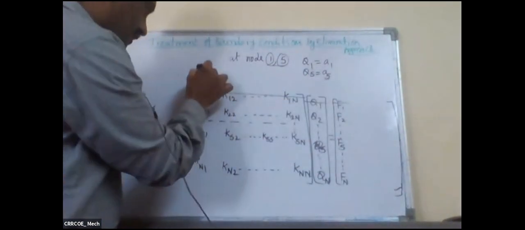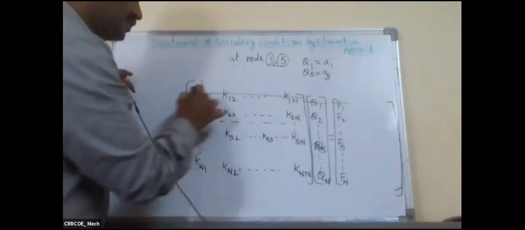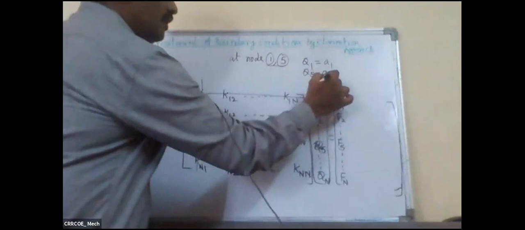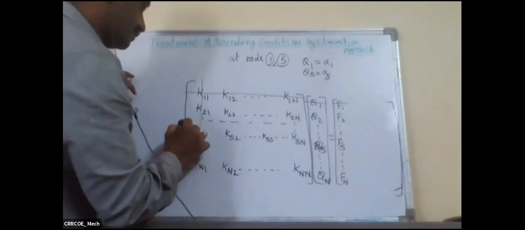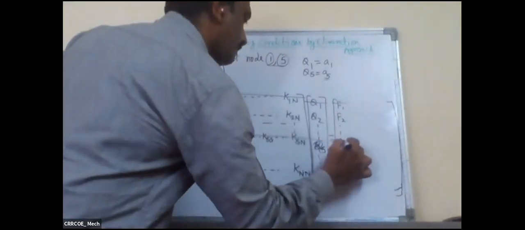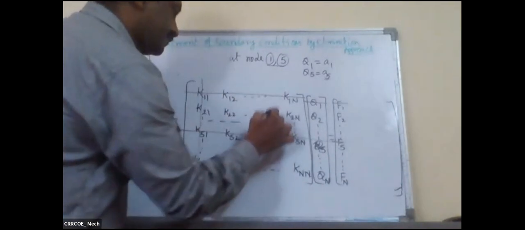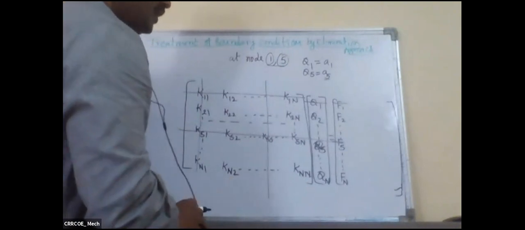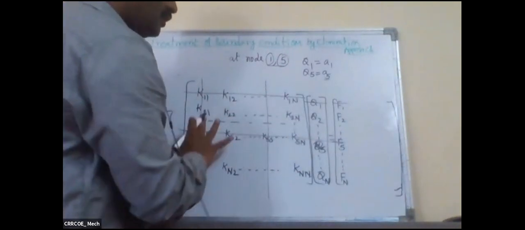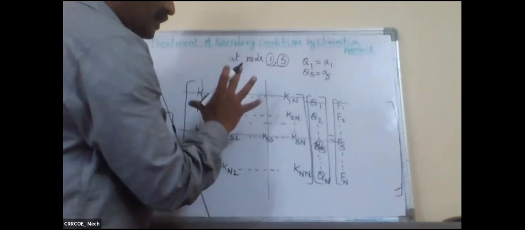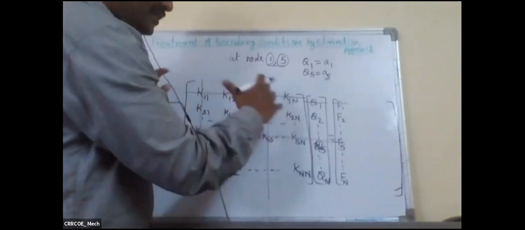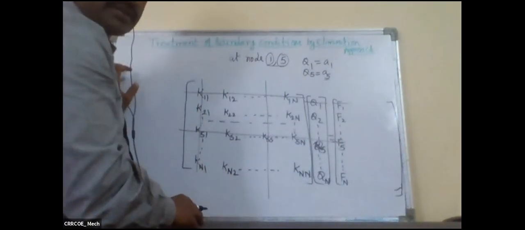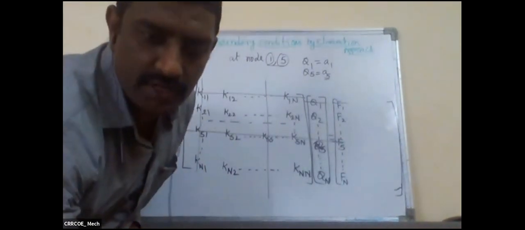Similarly the fifth row and fifth column elements are eliminated from the stiffness matrix. After eliminating these rows and columns, the rest of the matrix is called the reduced stiffness matrix.